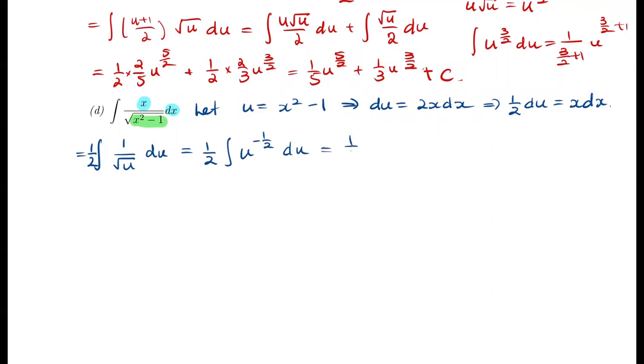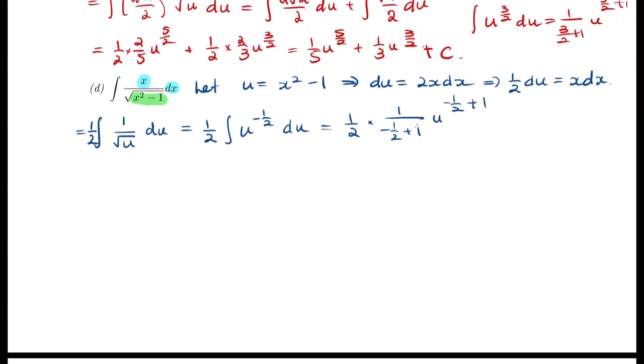So that means we have the 1/2 multiplied by 1 divided by negative 1/2 plus 1, of u to the power negative 1/2 plus 1. So that now is also the same as 1/2 multiplied by, so that's going to be 2 times u to the power 1/2.